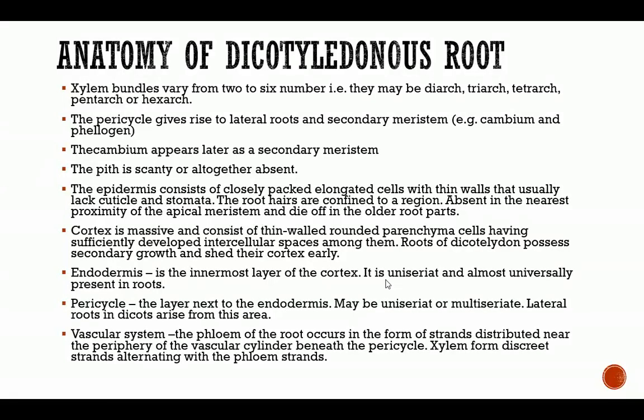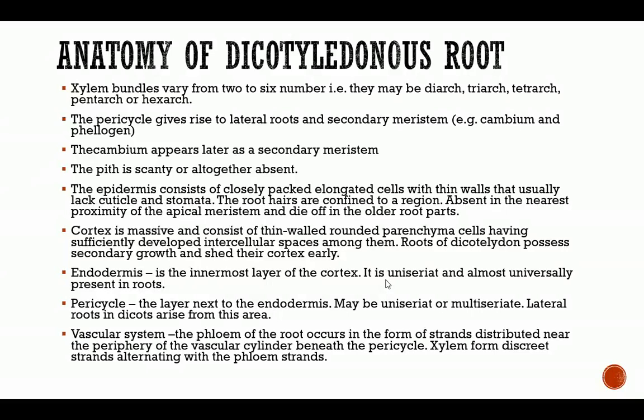The root hairs are confined to a region absent in the nearest proximity of the apical meristem and die off in the older root parts. The cortex is massive and consists of thin-walled, rounded parenchymatous cells having sufficiently developed intercellular spaces among them. Roots of dicotyledon possess secondary growth and shed their cortex early.